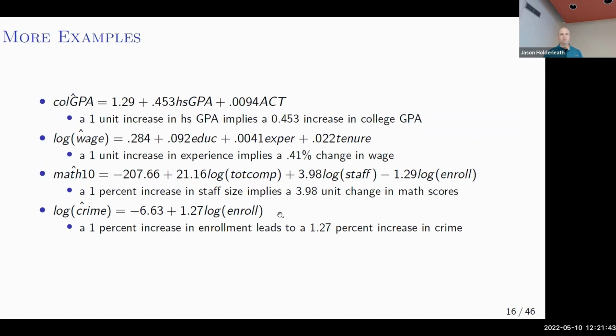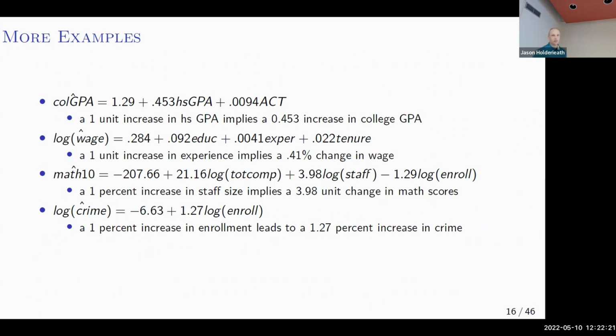Okay, so here I have some more examples where we can take into account all of these different kinds of functional form. What you probably ought to be fairly comfortable with is the linear, or the level. So in this case, college GPA is equal to 1.29 plus 0.453 times the high school GPA plus 0.0094 times the ACT score.